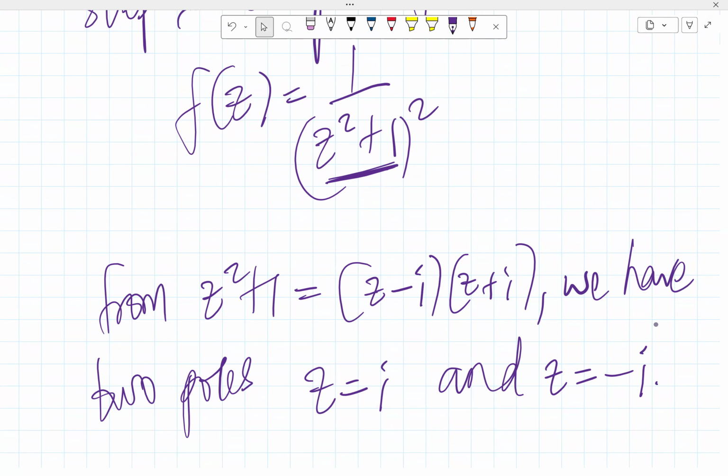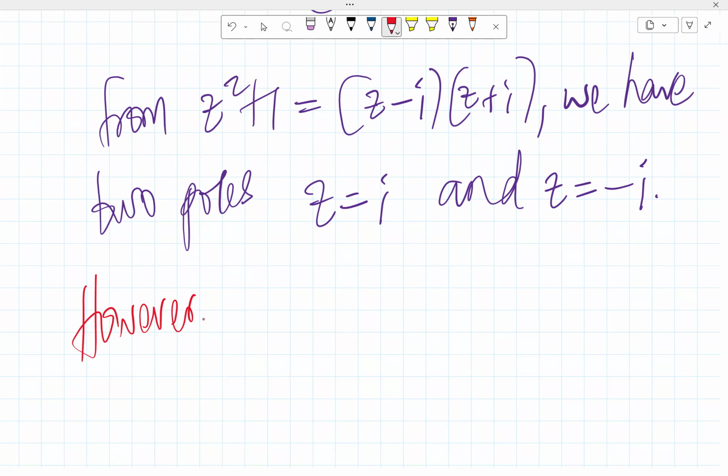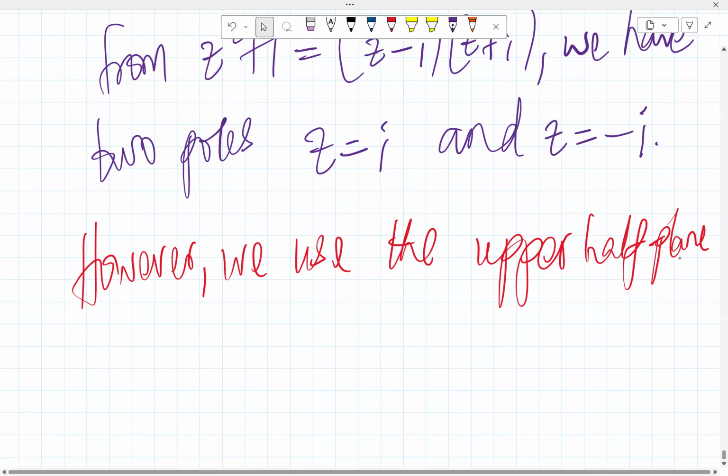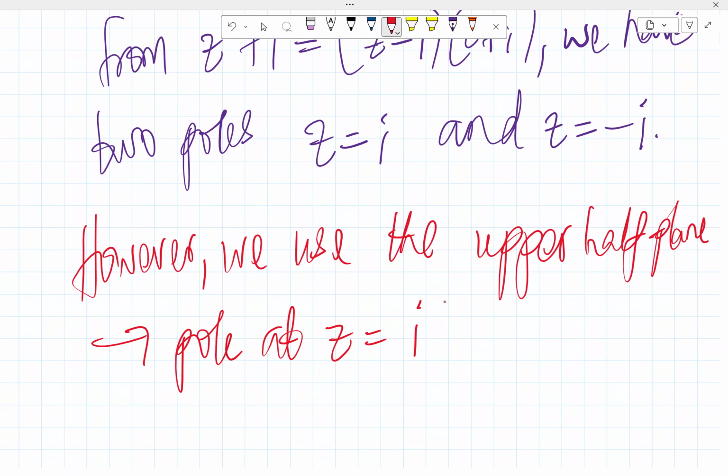So we have those two poles. But then what do we do? We use the upper half plane, that's the positive one, which implies a pole at z equals I, and it is of order 2.